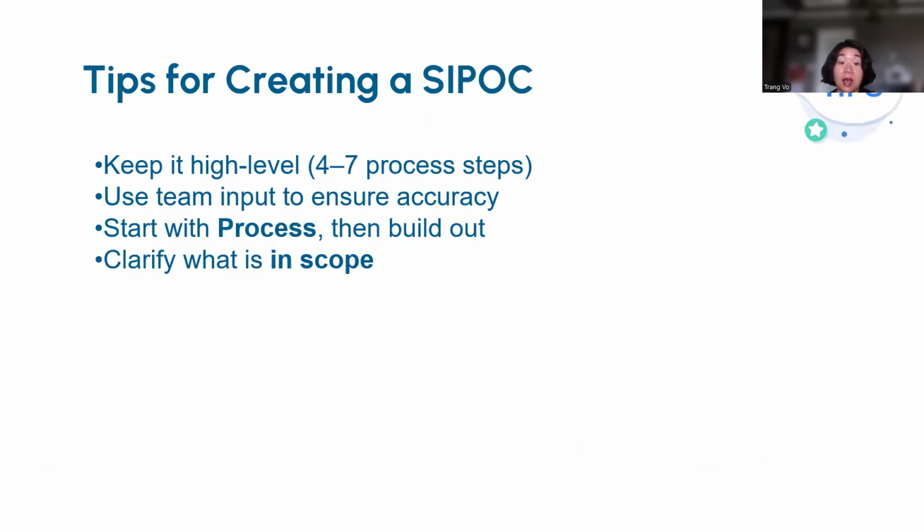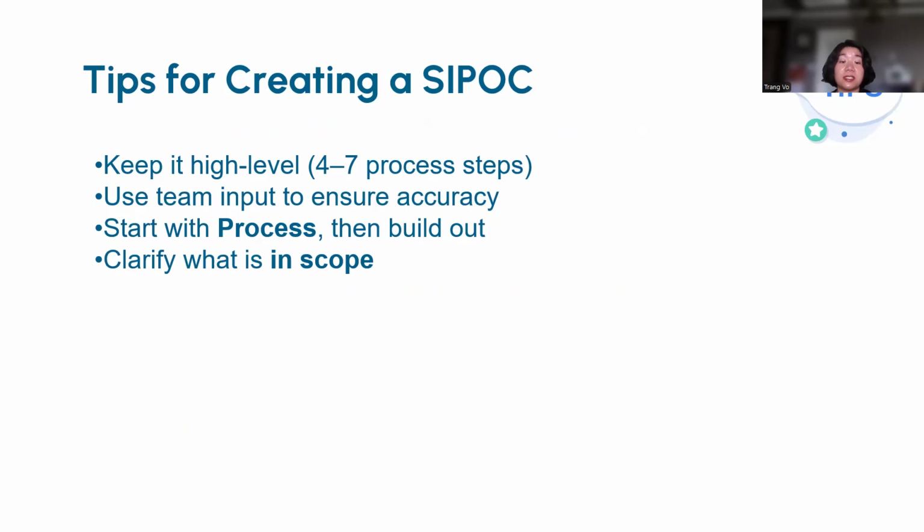Okay, here are a few quick tips if you're going to build your own SIPOC. The first tip is simple: just use big steps, not very detailed ones. And then, don't do it alone. Talk to the people in your team who know the process clearly.